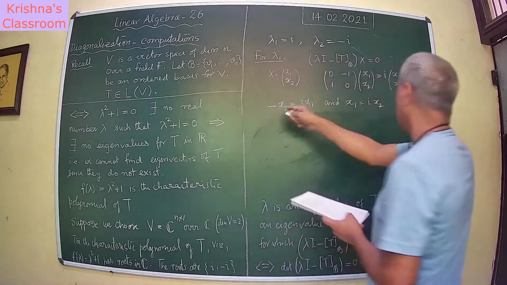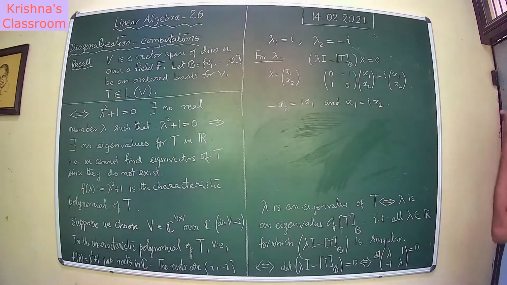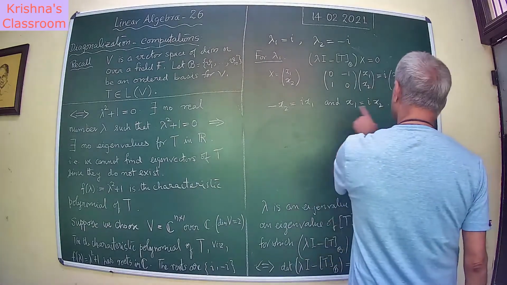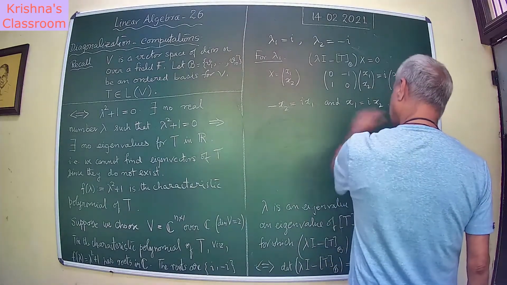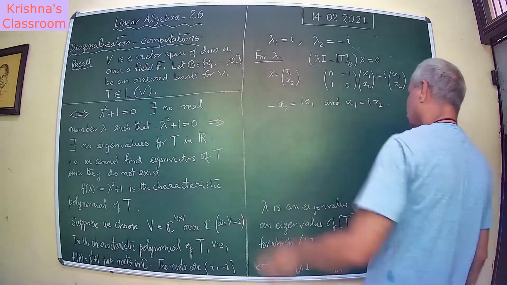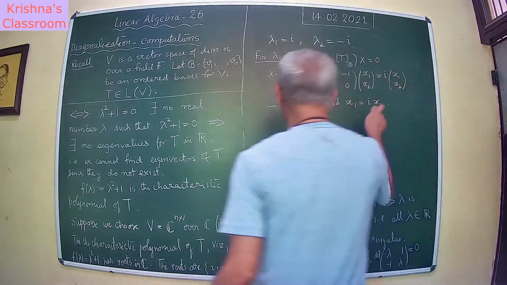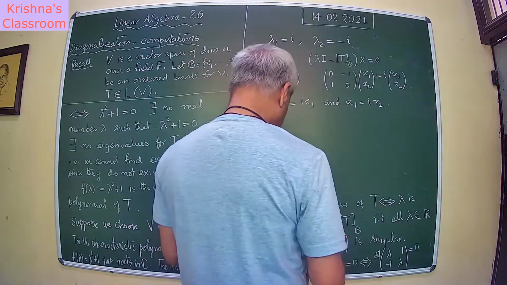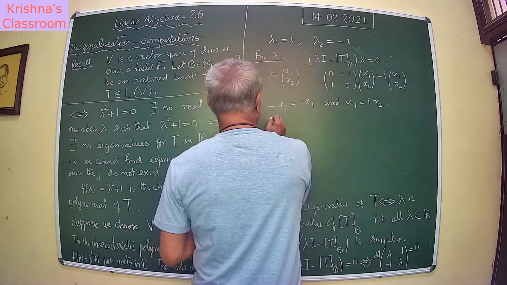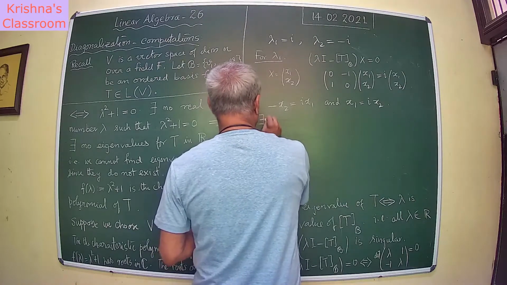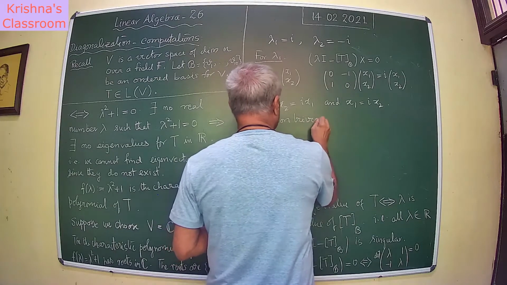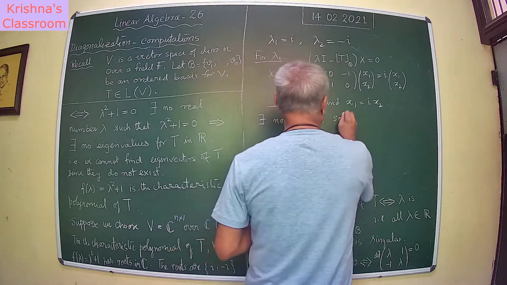Now you see that both these are the same equations, because if you multiply this by i, then you get this equation. Therefore, essentially there is only one linearly independent equation. Therefore, there exist non-trivial solutions.